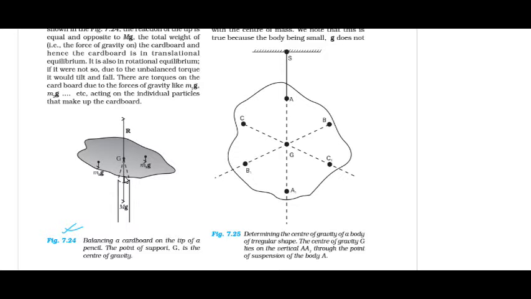So this is the pencil and this is the point G which supports the cardboard. On this side the weight is m1g, on this side the weight is m2g, and the reaction is acting upward. So these act downward, and the reaction is acting upward.